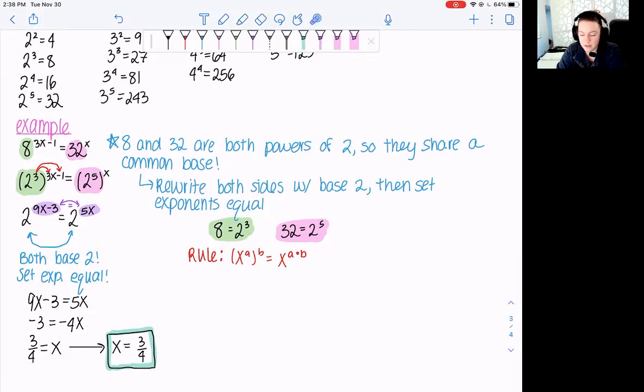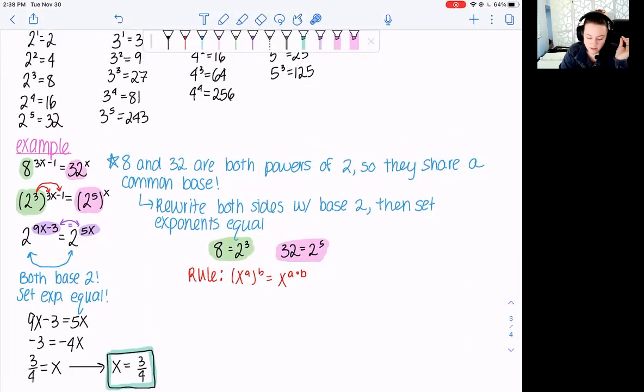Once again, I want to repeat what these steps were here. First things first, I made sure it was written as base exponent equals base exponent. It came that way. Then I asked myself the question, do 8 and 32 share a common base?